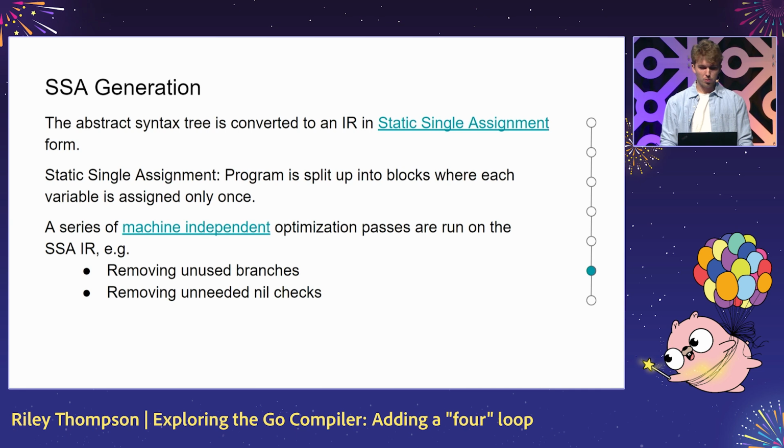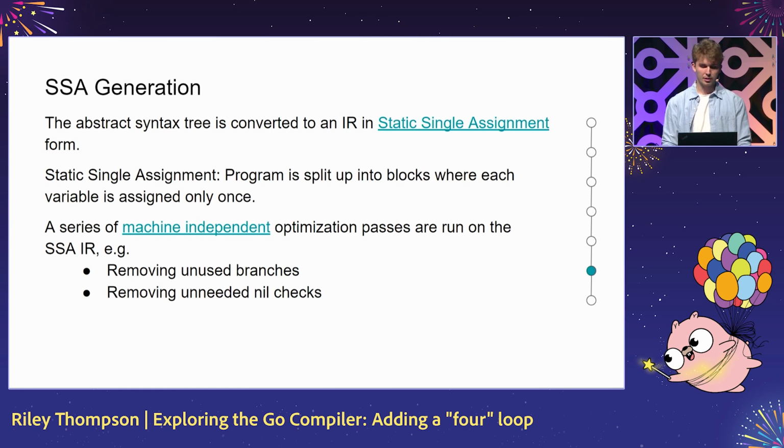Okay, now that we're done with the middle end changes, we're ready to move on to the back end of the compiler. Here, the AST is converted to another IR that's in static single assignment form, or SSA. In simple terms, static single assignment is when we split our program up into blocks, where each variable in a block is assigned only once, and each block only has a single branch statement at the very end.